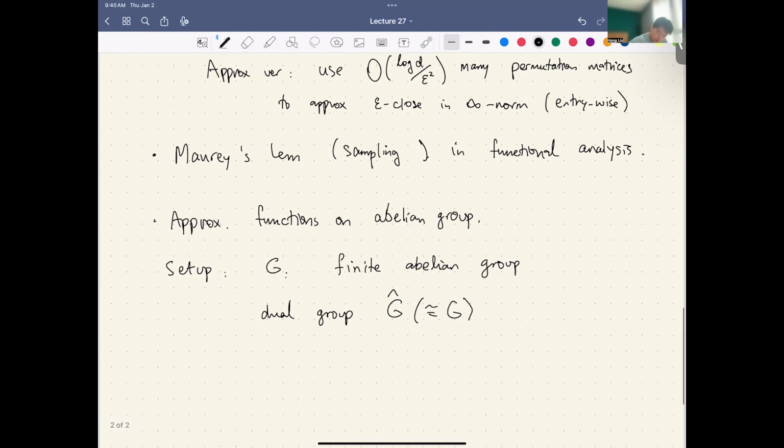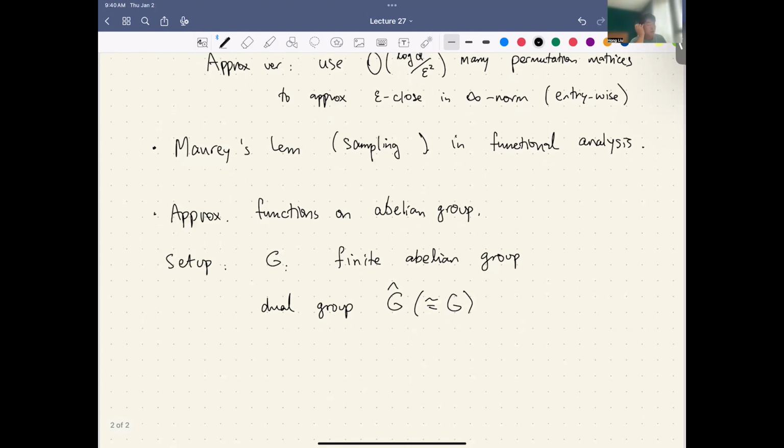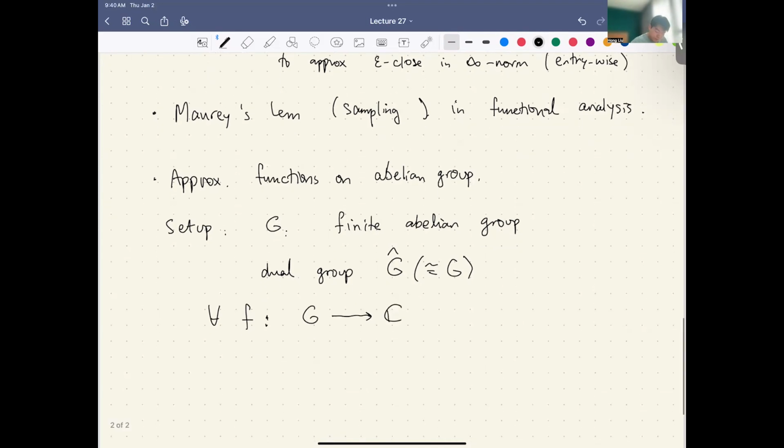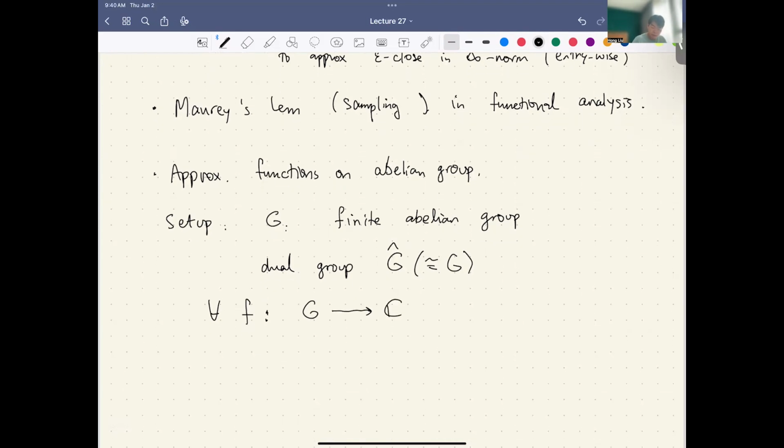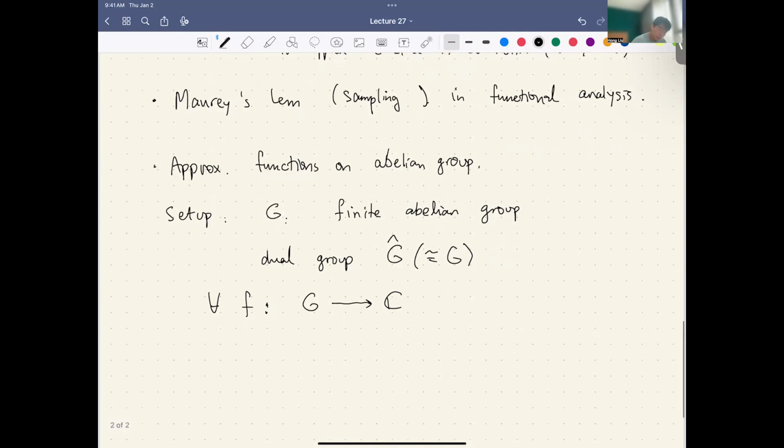What's useful about this dual group is that for every function defined on the group, a function that assigns a complex number to elements in this finite abelian group, by discrete Fourier analysis we know that we can express all such functions as a linear combination of characters from this dual group G hat.